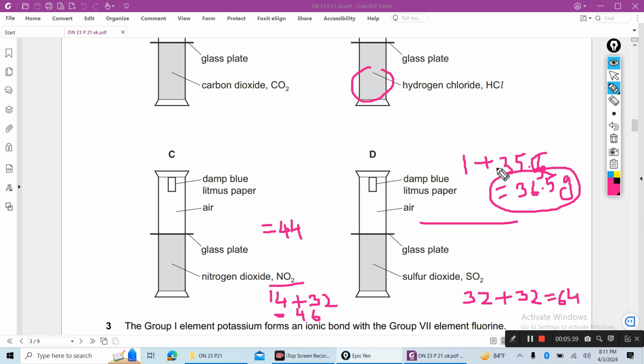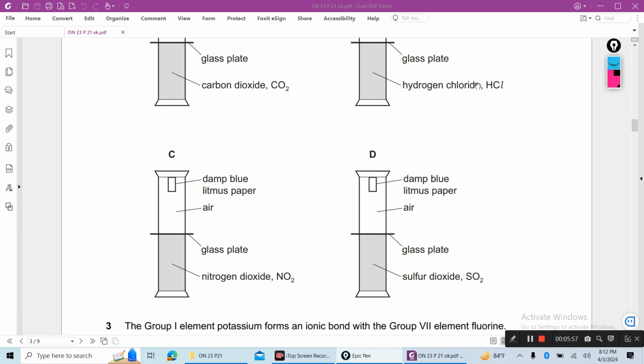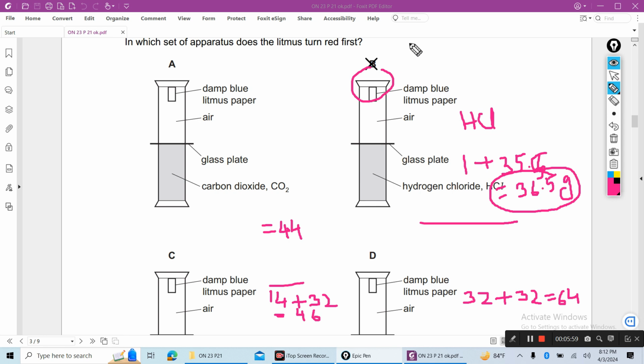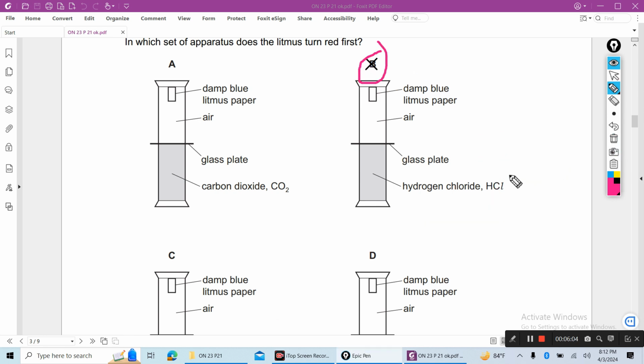So here hydrogen chloride has the lowest molecular mass, that's why hydrogen chloride gas moves faster and litmus paper turns red most quickly. That's why the answer is B, because hydrogen chloride gas molecular mass is lowest.